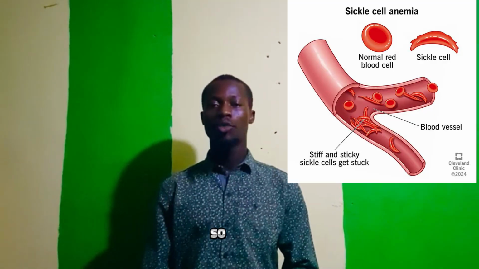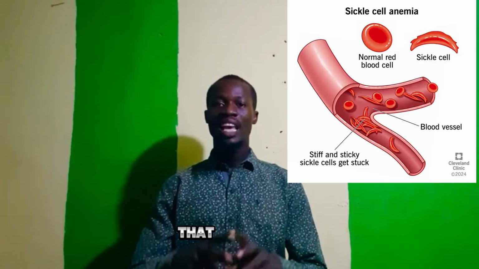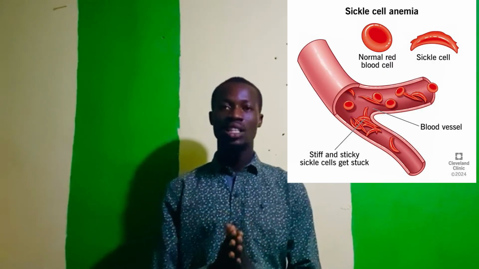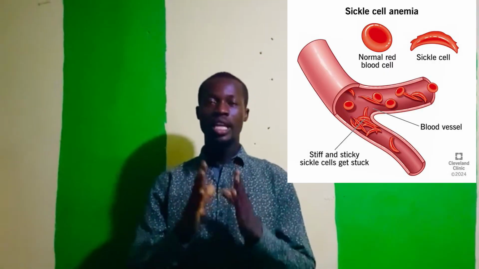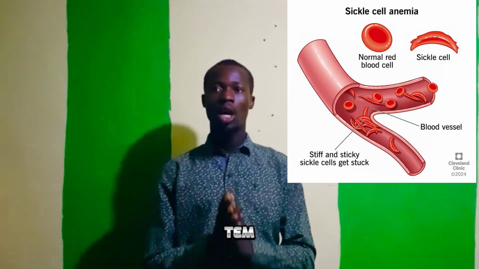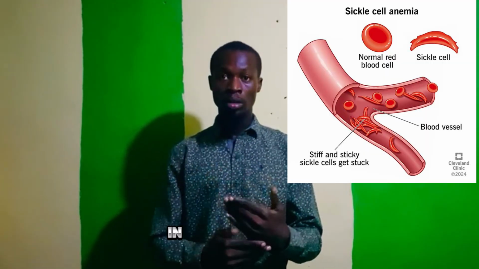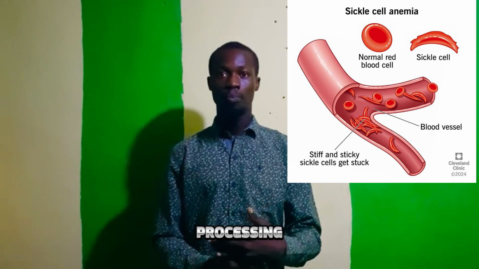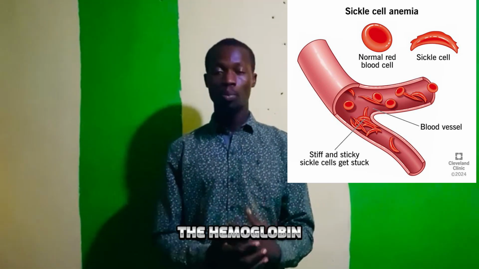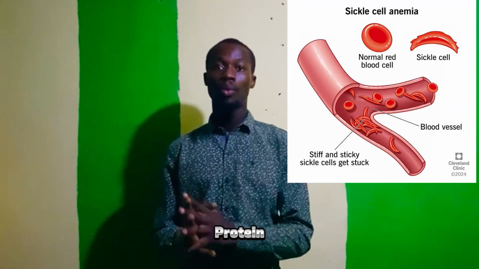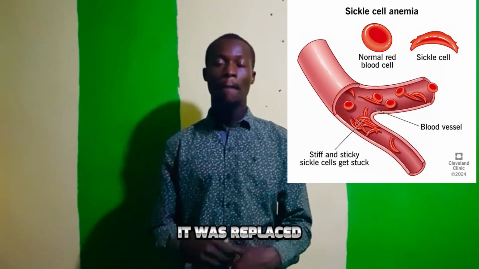S is for sickle cell anemia. It's a type of anemia that affects the shape of the red blood cell. In the normal genetic process of making hemoglobin, there should be glutamic acid, but it is replaced by valine.